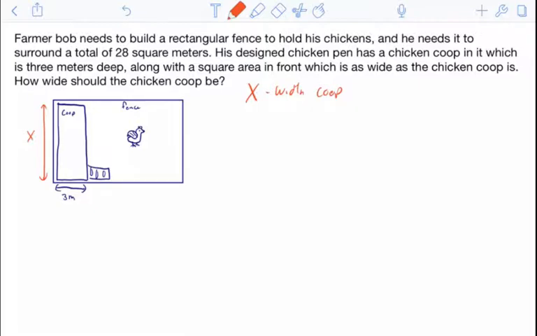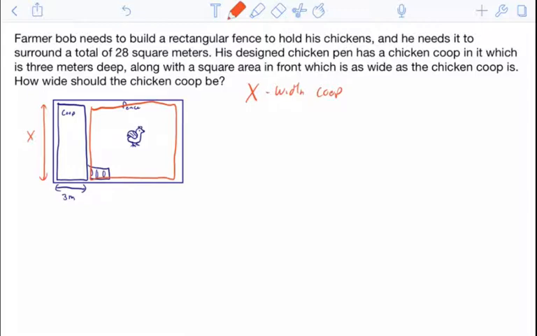His designated chicken pen has a chicken coop which is 3 meters deep. I guess that's already been drawn, along with a square area. So it's told us that this area here is a square. So that's a clue.